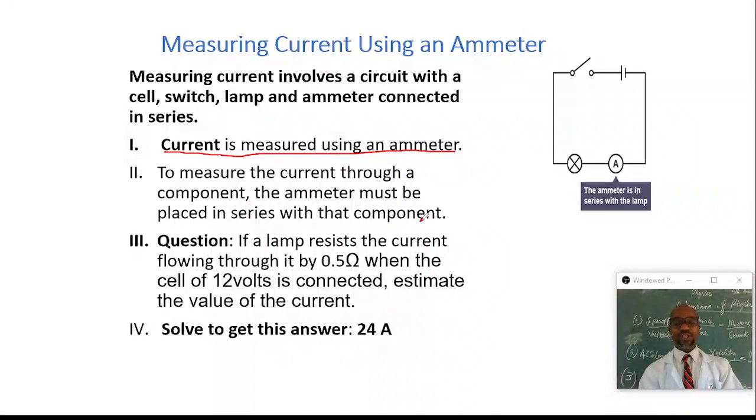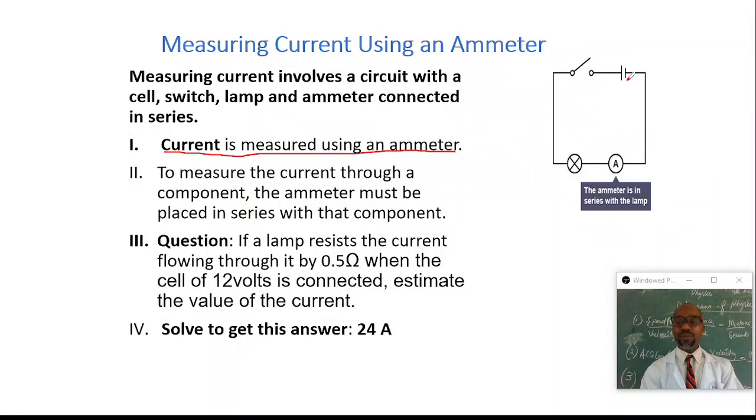Now we have understood that current can be measured by connecting an ammeter in series with the lamp. We want to know the amount of current that has been measured.